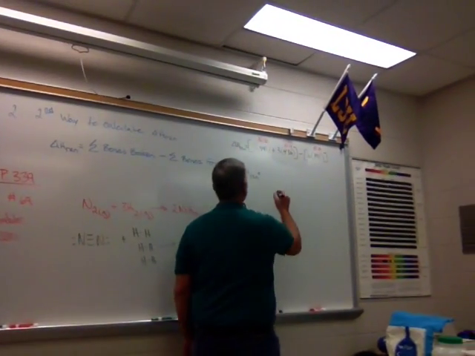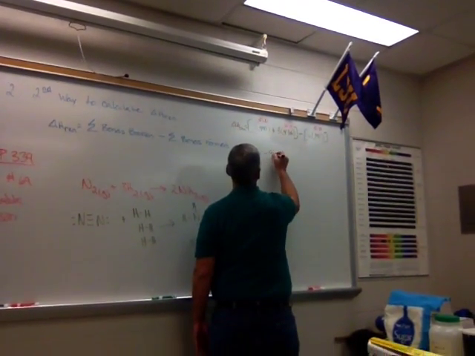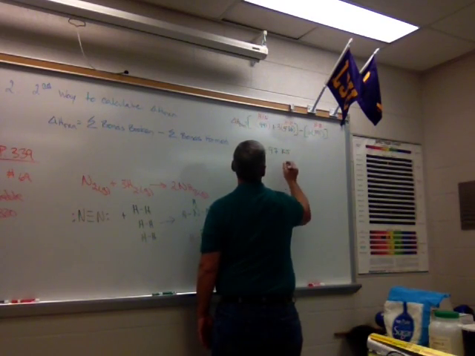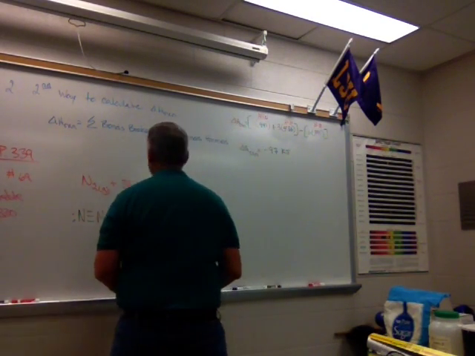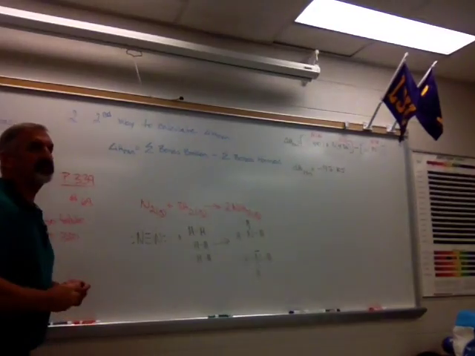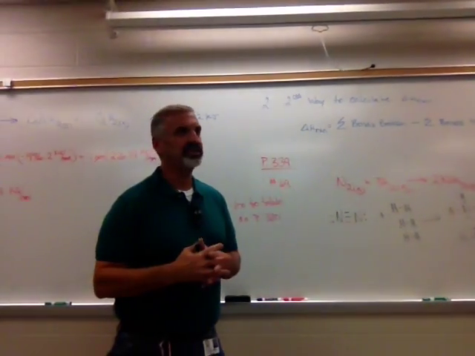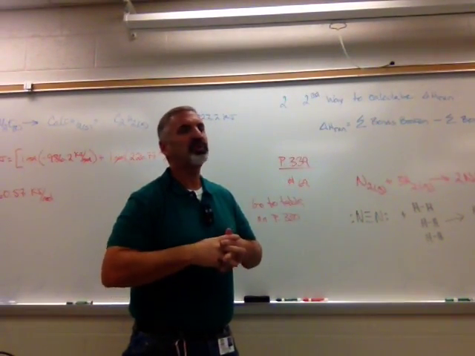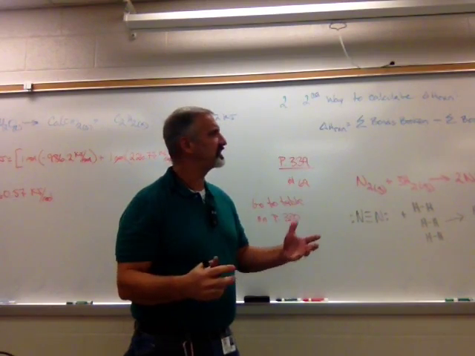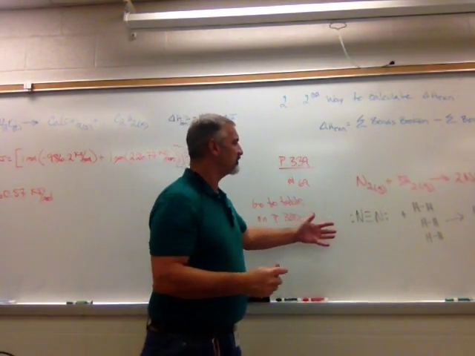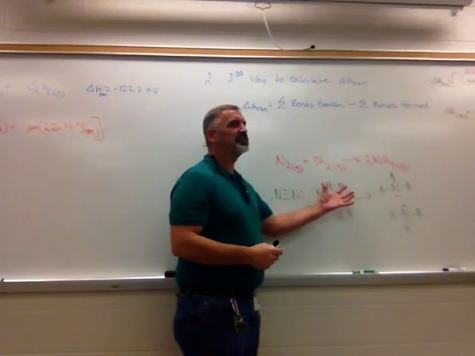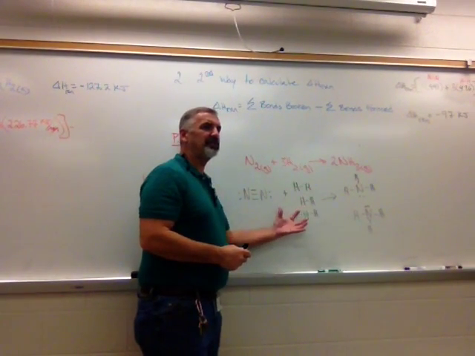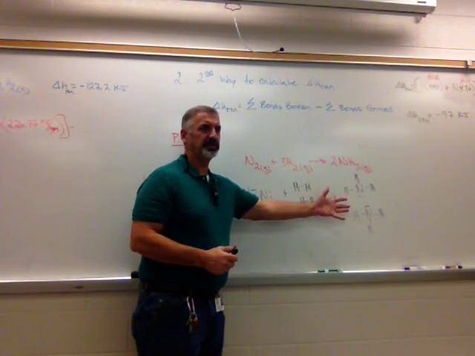Negative 97. And that's just going to be kilojoules. So it's just a different way of calculating the exact same thing, the heat of the reaction. It's still really dealing with a potential energy, but this time in terms of individual bonds. We're just saying how much energy it takes to completely break every bond and then reform them in the new way.